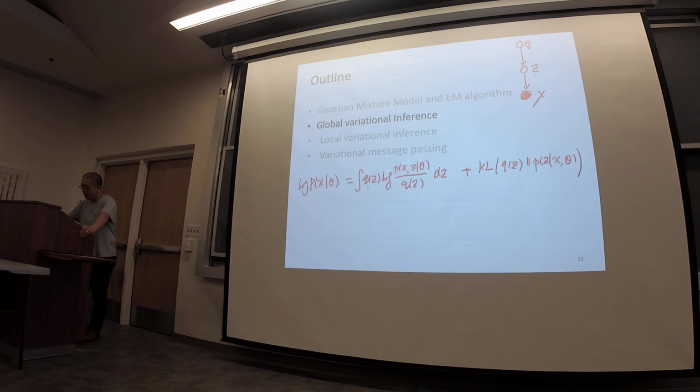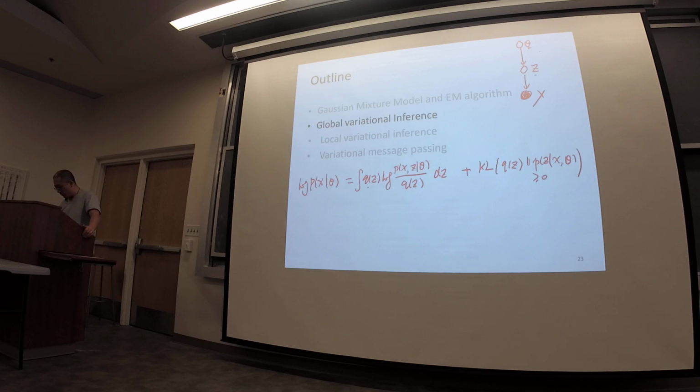This is a very important decomposition because the KL divergence is always non-negative. KL divergence represents a difference between one distribution and another. It is always non-negative, and it reaches zero if and only if these two distributions are exactly the same.